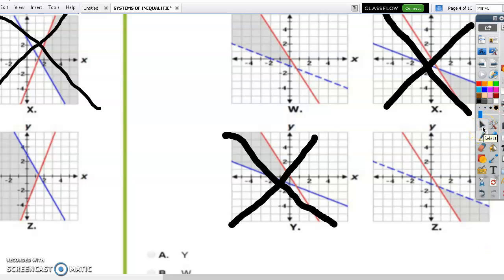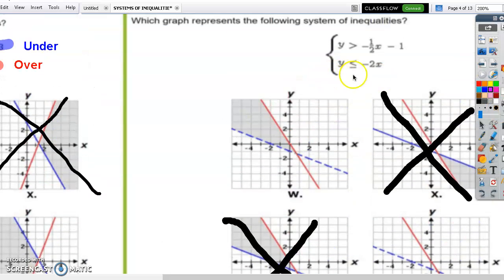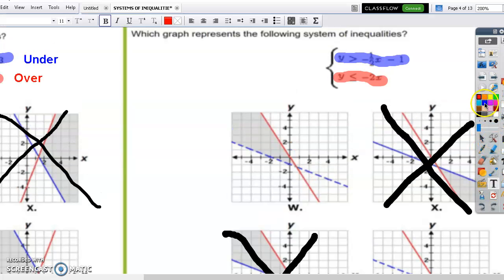So it appears that the blue line is our dashed line, which makes our life easier. We don't have to consider our y-intercepts. So the dashed line is blue, therefore the top inequality is our blue, and the second inequality is our red. Alrighty. Now, it's greater than in the first one, so we're shading it up or above or over.